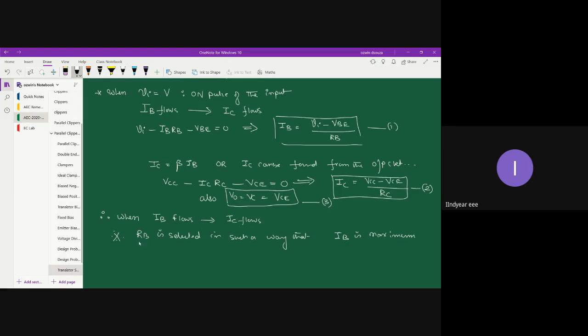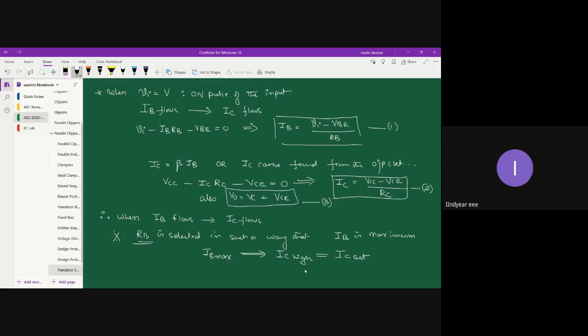The selection of RB is done in a manner that your base current becomes maximum, because if you have IB max, you can expect a very high collector current. That high collector current can be considered as IC saturation, because that is what you wanted for the on state, right? You want your collector current to be maximum in order to have the on state.